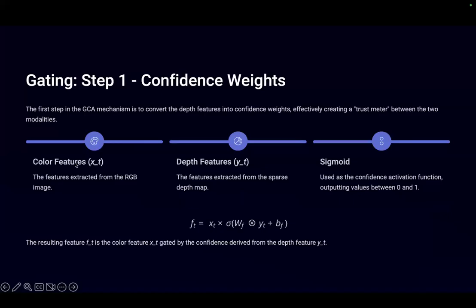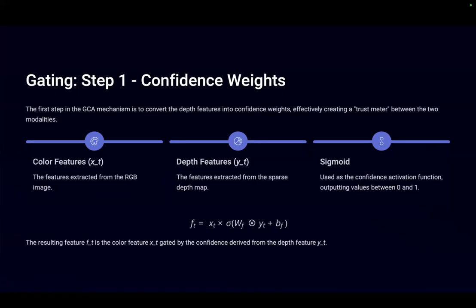YT is our depth feature, XT is our color feature. We are taking the sigmoid of YT, the depth feature. Based on the depth feature, we'll see where the confidence is higher, because sigmoid will give us a value between 0 and 1. Obviously the higher values are good, and the lower are the bad ones, right? So we'll multiply it with, yeah.